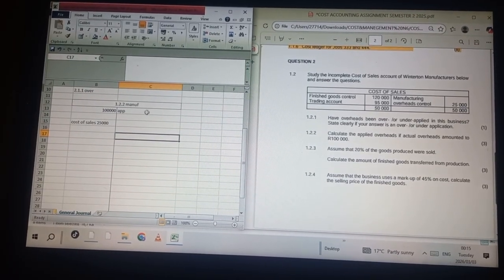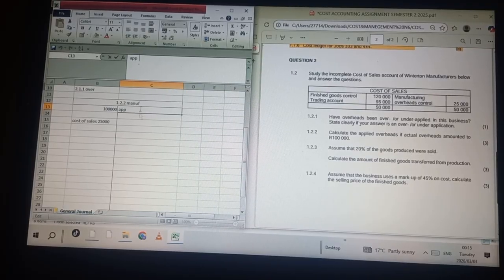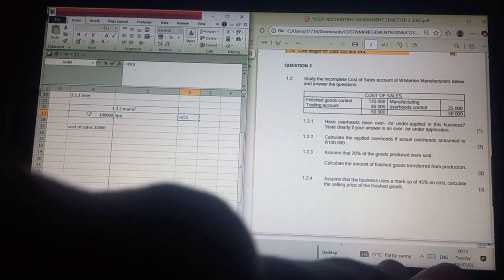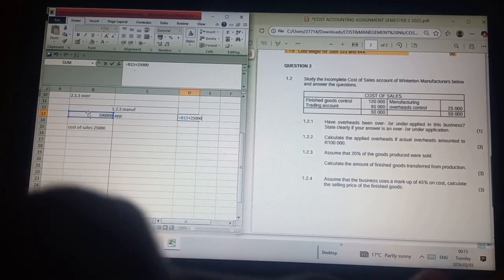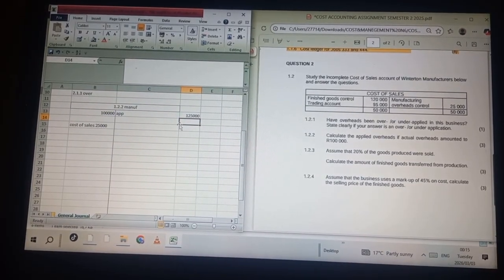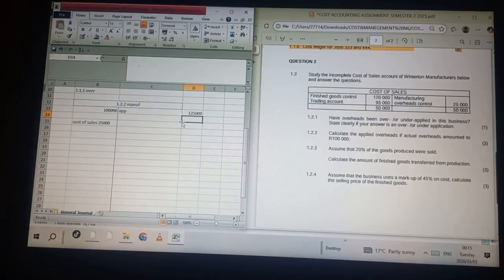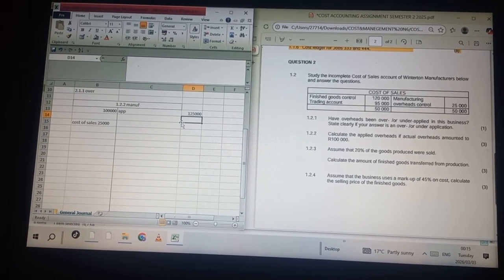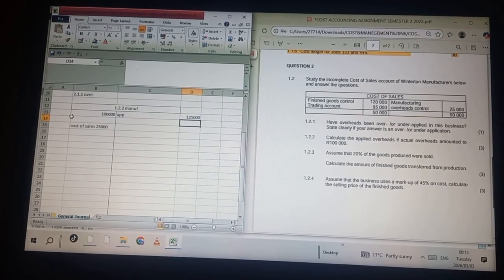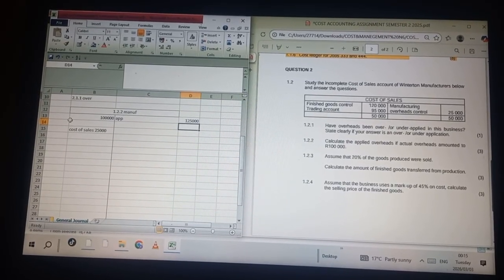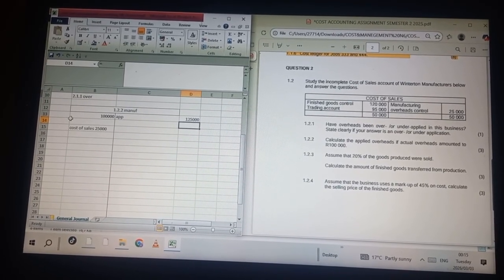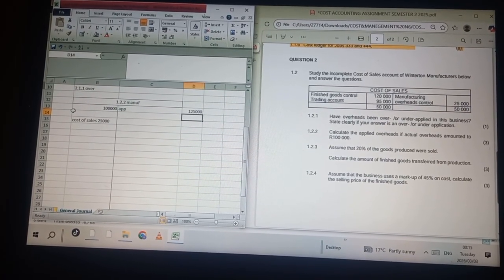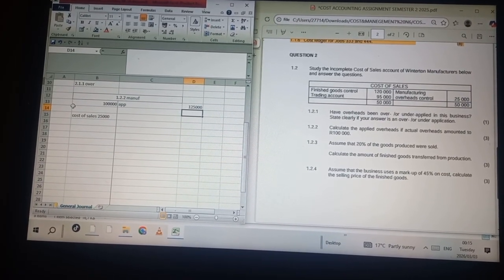You add the two, plus 25,000. Our applied overheads, I best believe, was 125,000. You can show it by also doing the smaller table just to show them you understand what they are asking you to do. You open your T account and paste the information that you have.